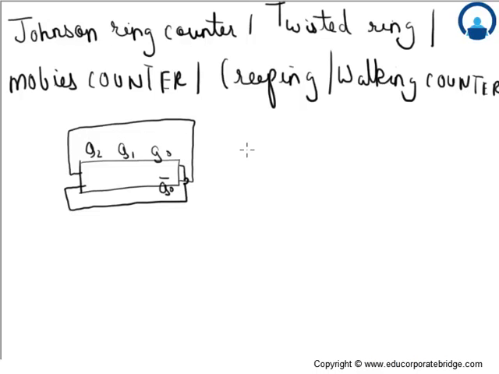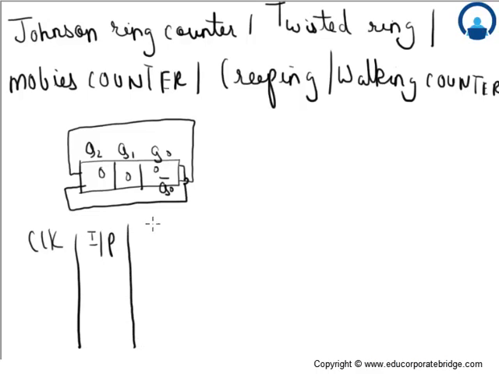Now let's see the working of the Johnson counter. Let us assume the initial state to be 0, 0, 0. The working can be calculated with clock input and Q2, Q1, Q0.